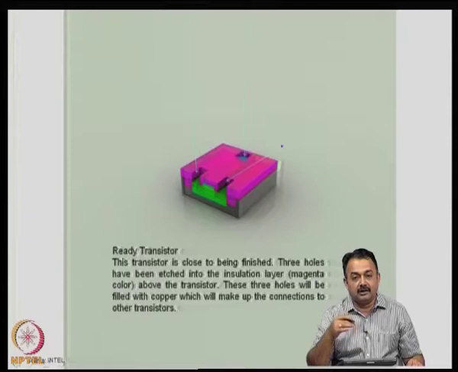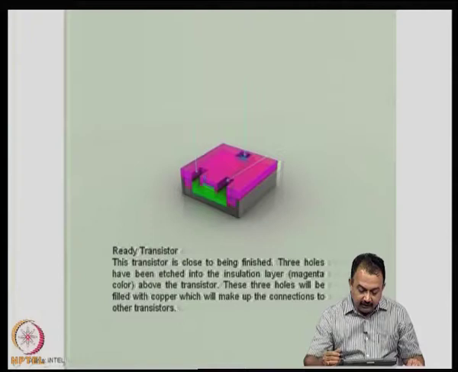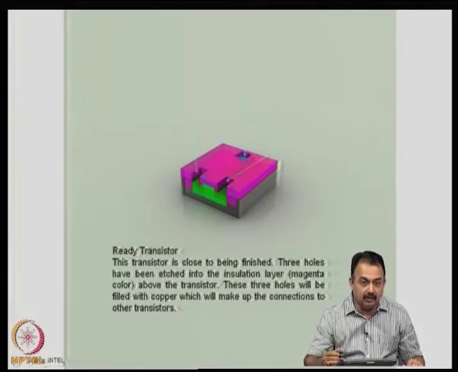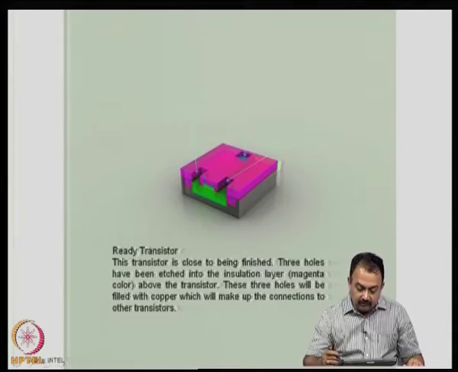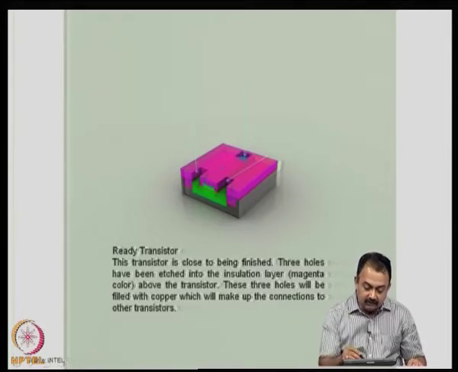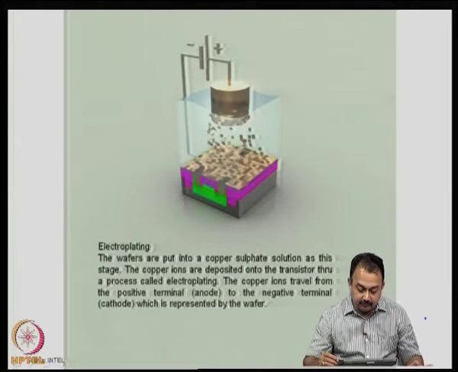These holes are generated now and these holes will be filled with the copper conducting material, which will finally be the connectors for these transistors. Okay. I hope it is very clear. The top surface is magenta in color, which is the passive oxide layer, and the arrows shown here which represent the 3 holes represent the transistors for this particular device.